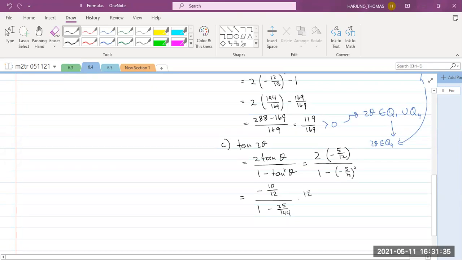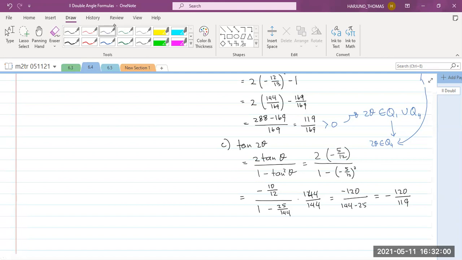Multiply the top and the bottom by 144, the LCD. I will get negative 120 over 144 minus 25. This is negative 120 over 119. As we expect, because 2 theta is in quadrant 4, the value should be negative.